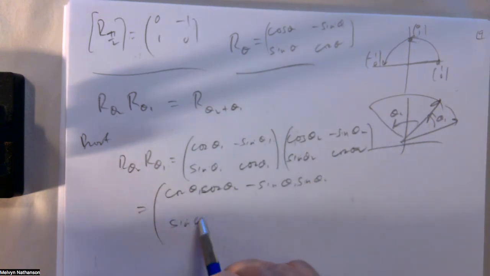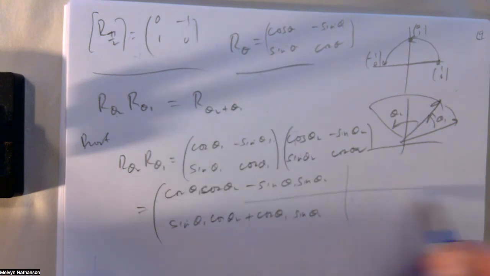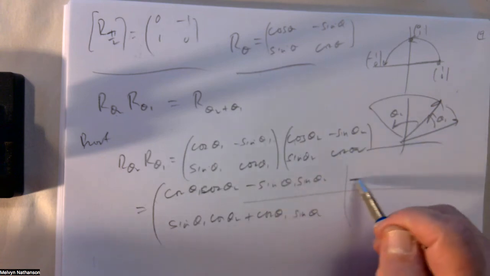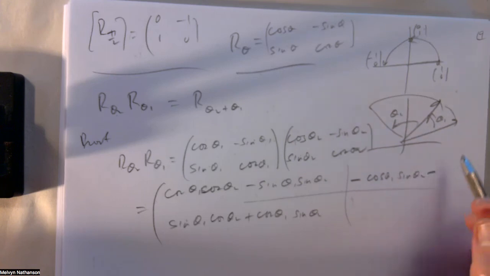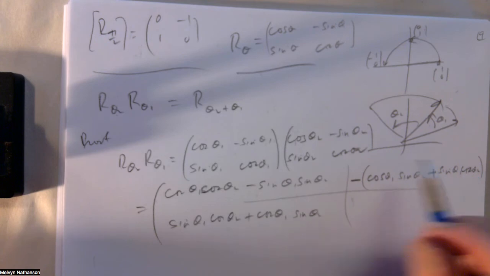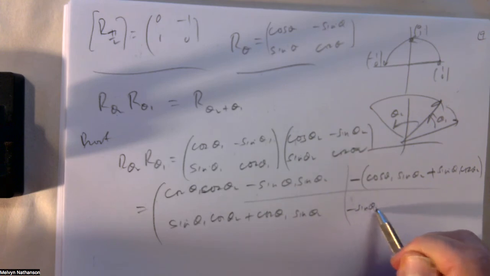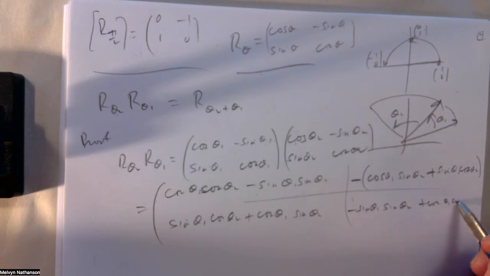Here I get sine theta 1 cosine theta 2 plus cosine theta 1 sine theta 2. Here in the first row, second column coordinate, I get minus cosine theta 1 sine theta 2 minus sine theta 1 cosine theta 2. And then second row, second column coordinate, minus sine theta 1 sine theta 2 plus cosine theta 1 cosine theta 2.